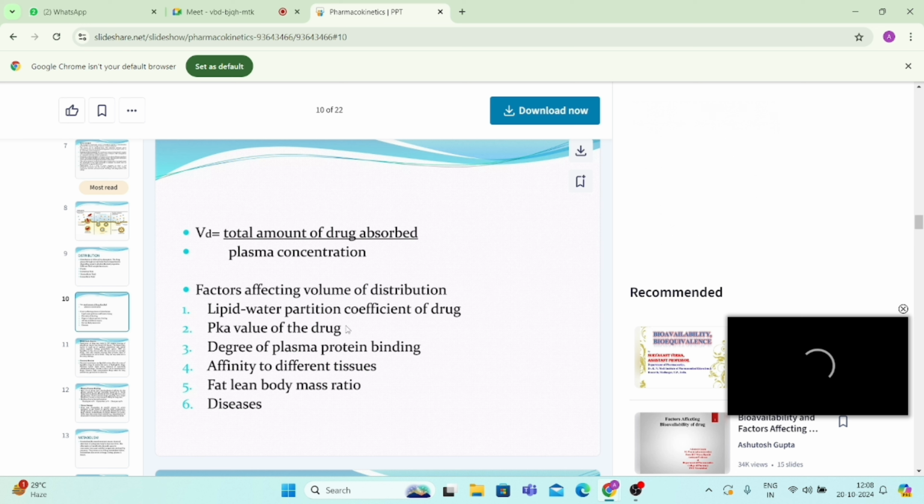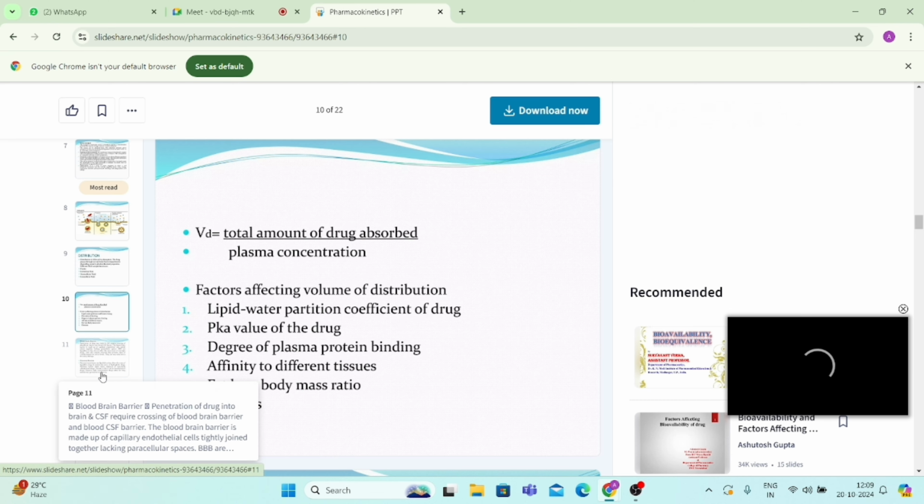Then the pKa value of the drug, the lipid water partition coefficient, and to what degree the drug binds to plasma proteins, how much affinity it shows towards the tissues, the fat to lean body mass ratio, and diseases. If a person is suffering from a disease or is fat, the distribution process will not be like what we see in normal people. It is a little abnormal, we say.